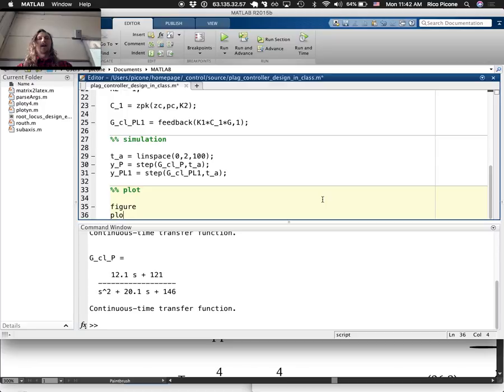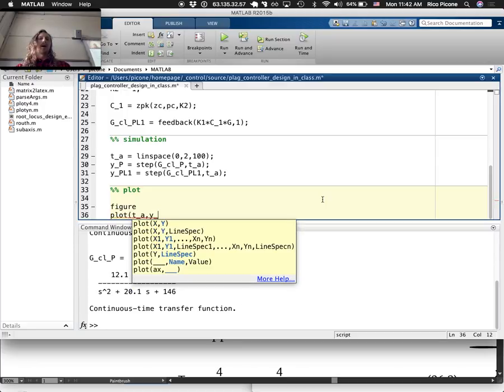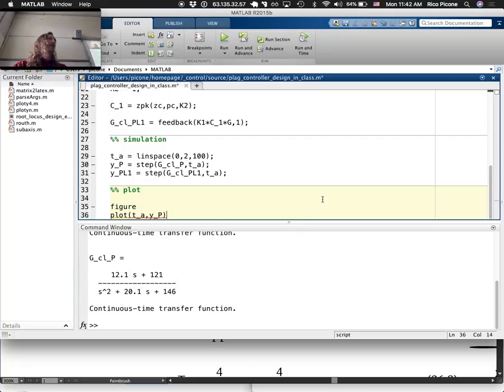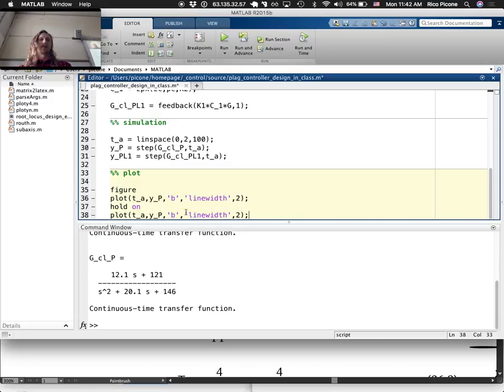So let's open up a figure, and we'll plot TA and then YP, the proportional controller's closed loop response. So then we'll hold on. I'll do blue, and then I'll do line width, probably 2. And then I'll do another one of these where I'll do PL1. So this is our lag.